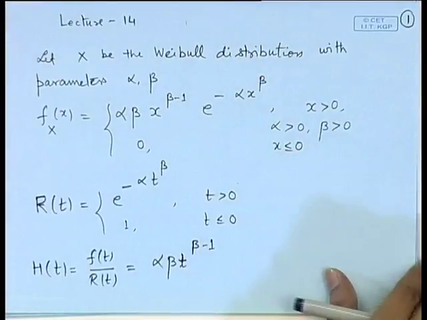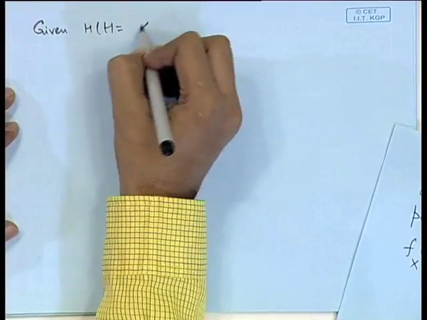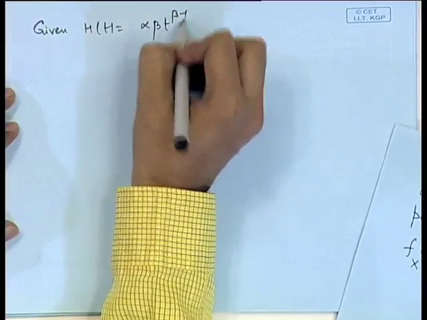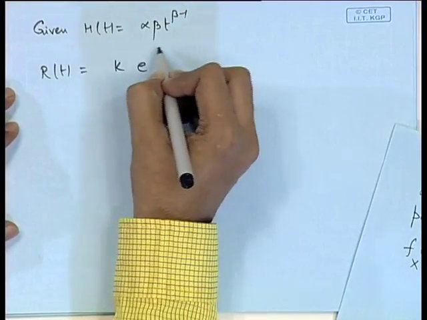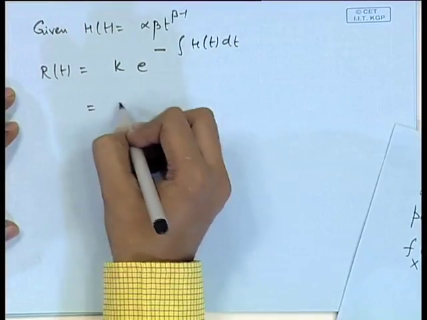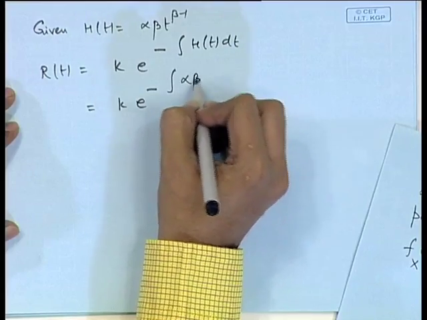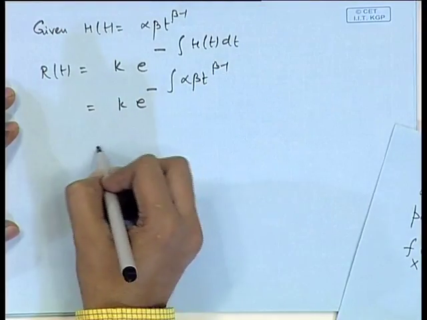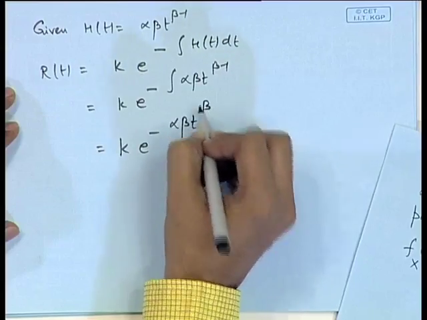In the following way. Given h(t) is equal to alpha beta t to the power beta minus 1, R(t) is equal to k e to the power minus integral h(t) dt, that is equal to k times e to the power minus integral alpha beta t to the power beta minus 1, that is equal to k times e to the power minus alpha t to the power beta.